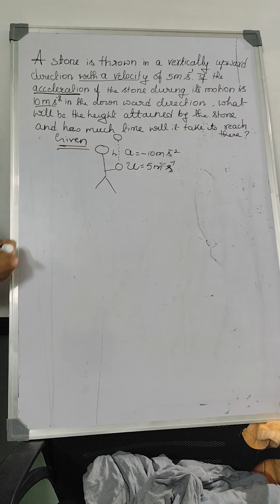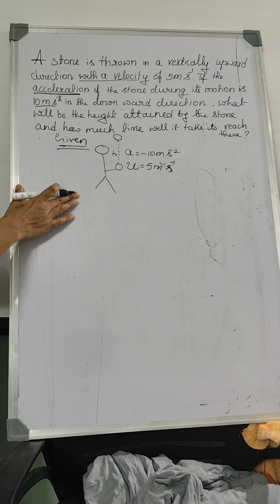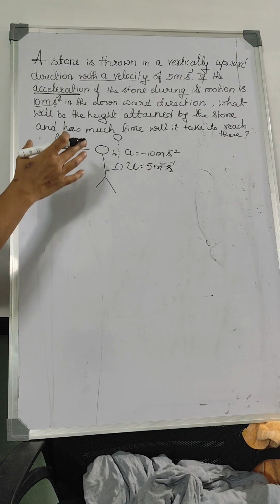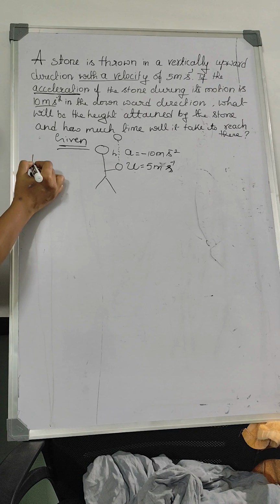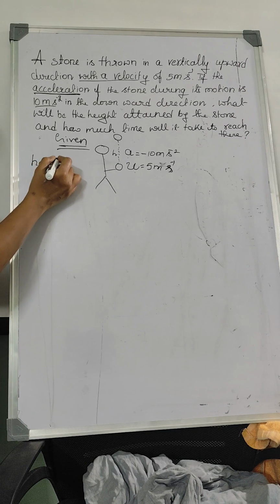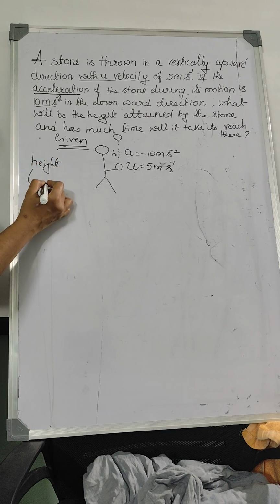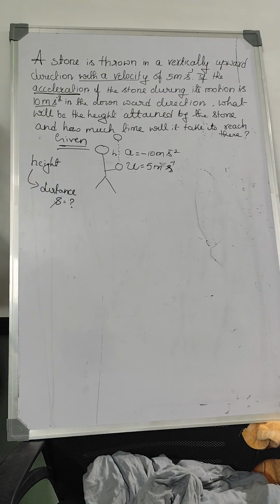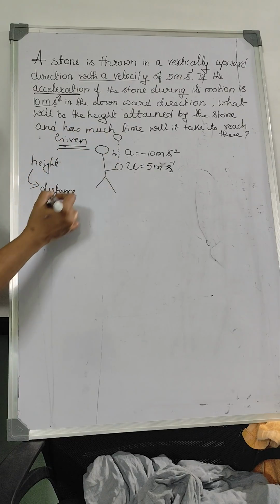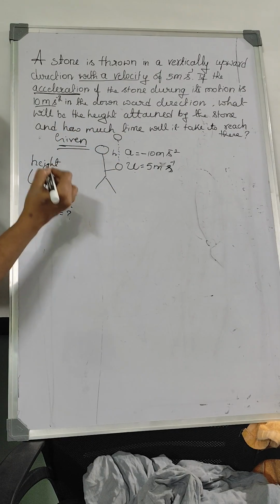Any physics problem, while you are solving, analyze it with the help of the diagram, note what is given, and what to find: height. Here it is nothing but distance, which is denoted by s. We need to find distance or height, and also time.